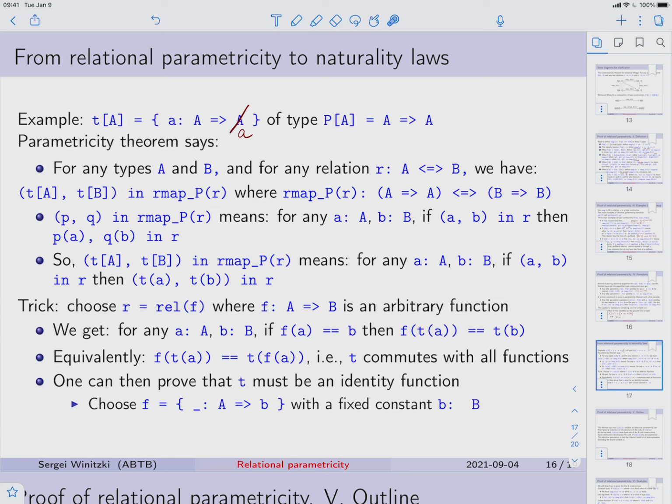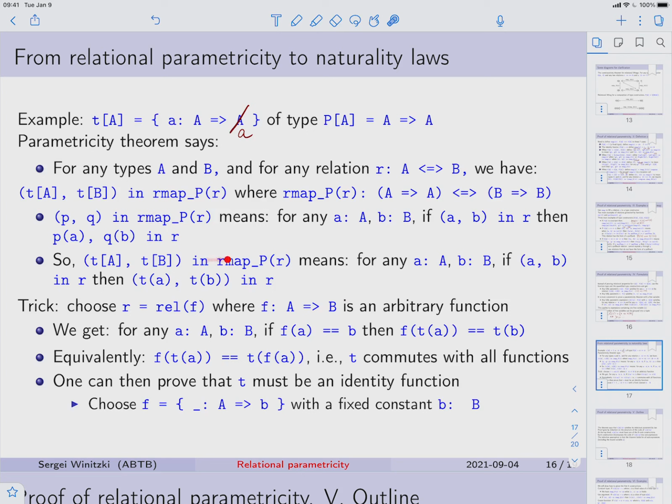How do we use that in practice? It's easy to use that in this case. We just choose the relation R to be a relation obtained from a function. We use this relation obtained from an arbitrary function f between types a and b. So then the relation means f of a equals b.